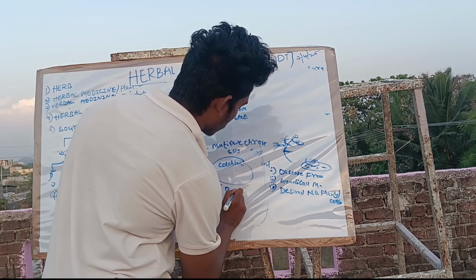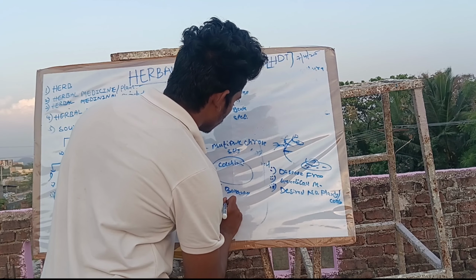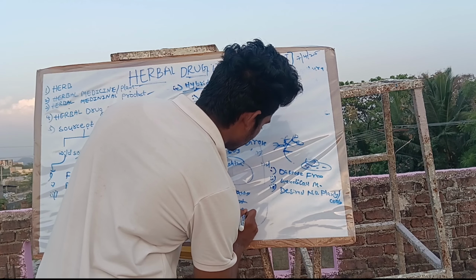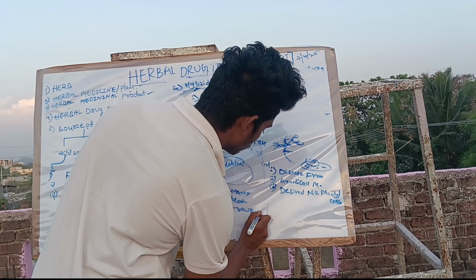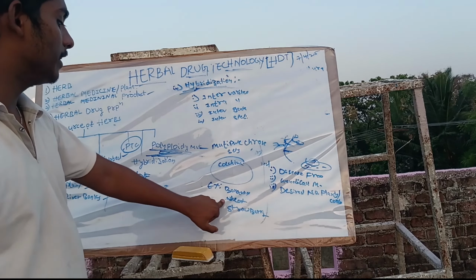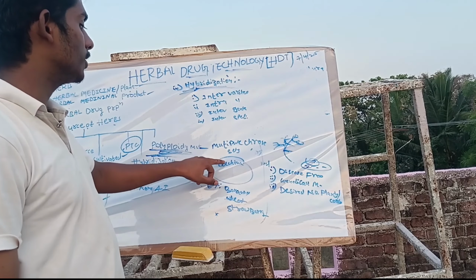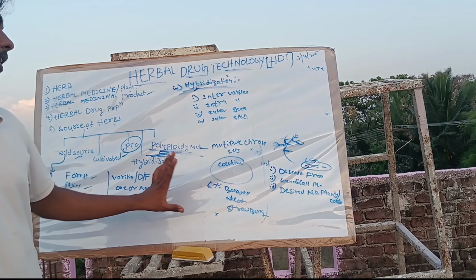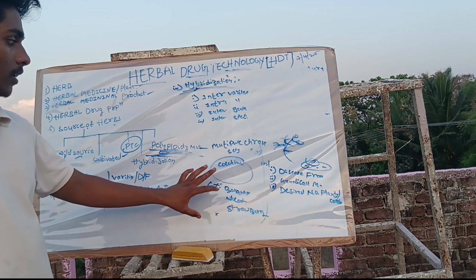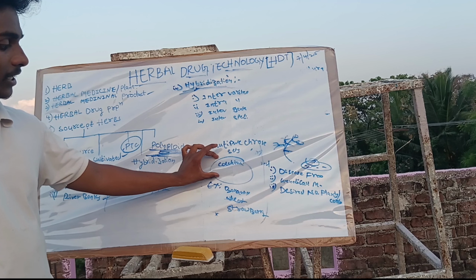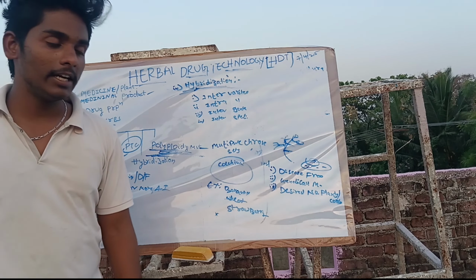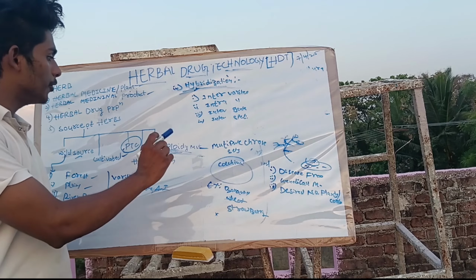Examples: banana, wheat and strawberry. For these plants, mostly the colchicine chemical is used to increase the yield value. So it's called polyploid mutation.